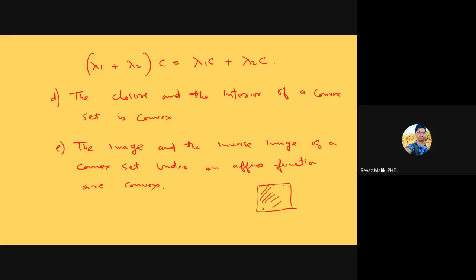The image and the inverse image of a convex set under a finite affine function are also treated as convex only. No problem in that. If you have any doubt, just let me know. We have another slide.